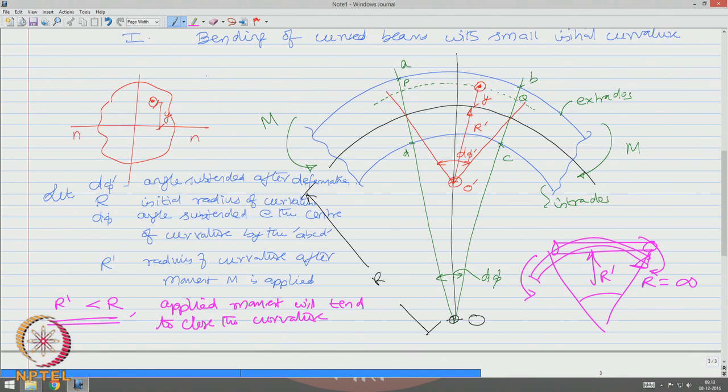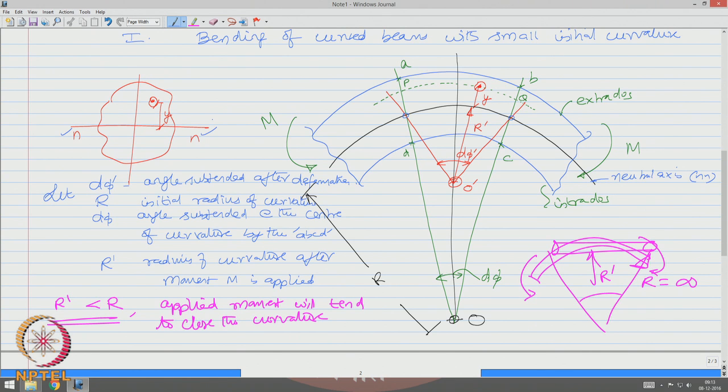Y neutral axis, you can see here at this point there is no change. Therefore, the black line what you see here is the neutral axis, which is n n, which you can see in this section also n n.